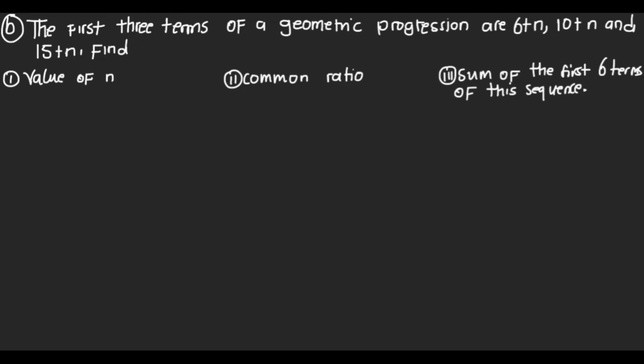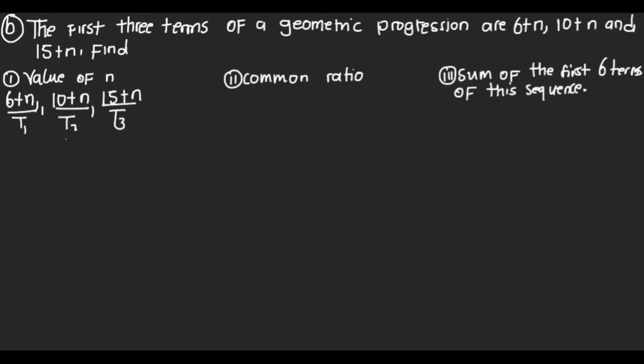Okay, so now we move on to question B. The first three terms of a geometric progression are 6 plus n, 10 plus n, and 15 plus n. So 6 plus n is our first term. 10 plus n is our second term. 15 plus n is our third term.